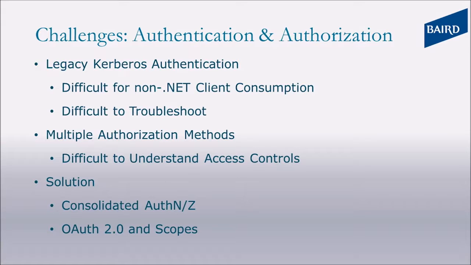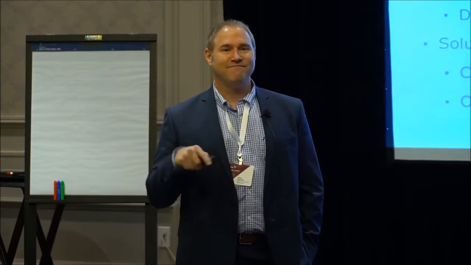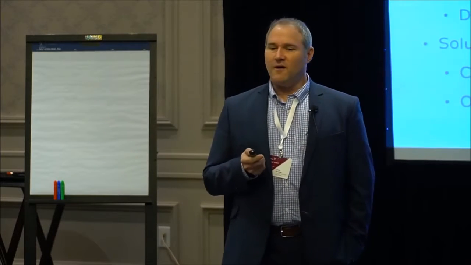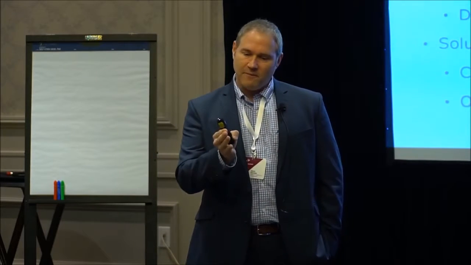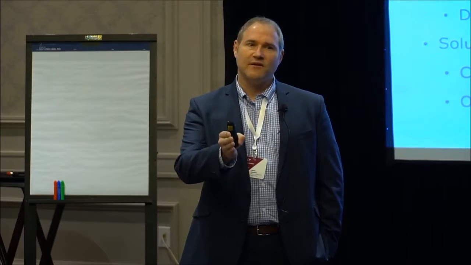We landed on OAuth 2.0 and OAuth scopes for our authentication and authorization. Like I said, that was a big conversation in our organization, being Microsoft-based. But we felt it was the right approach to give us the agility and the ability to manage identity and access management all in one place.